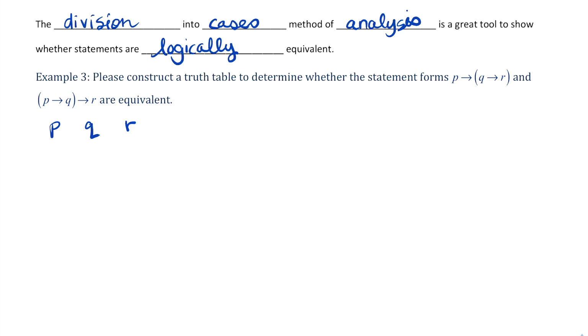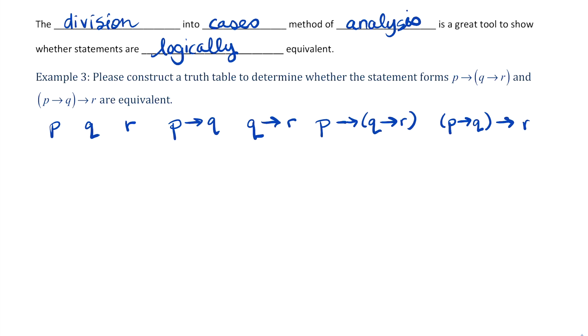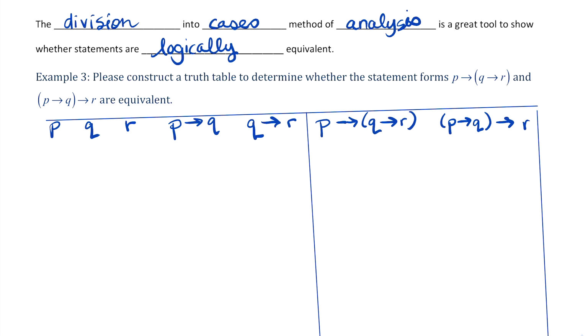We need to have P implies Q. We also need to have Q implies R. And we need to have P implies, if Q then R. And we need to have if P implies Q then R. All right, and so in this last box, we're going to be comparing these to see if they have the same truth values.